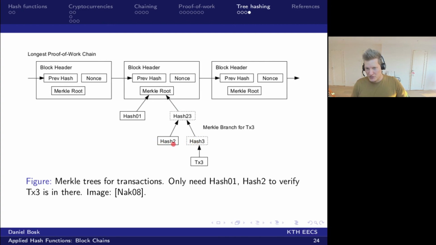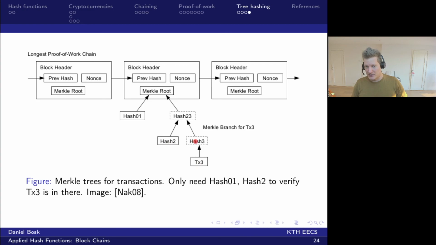We need hash 2, but we don't need to have the transaction that generated this hash, because that one might be much bigger than the hash value. So this is saving us from space, because the hash value might be 256 bits or say 512 instead of several megabytes that the actual transaction might be. So then we have saved a lot of space by just having the hash value here instead.